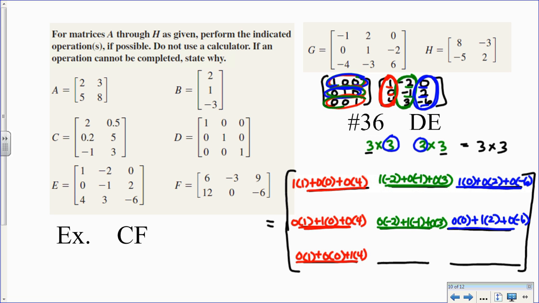And then third row, second column, 0 times negative 2 plus 0 times 0 plus 1 times 3 here. And then third row, third column, 0 times 0 plus 0 times 2 plus 1 times negative 6. Okay.